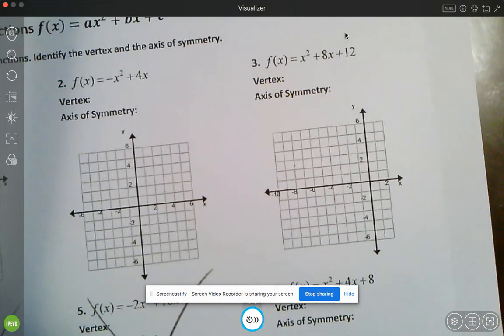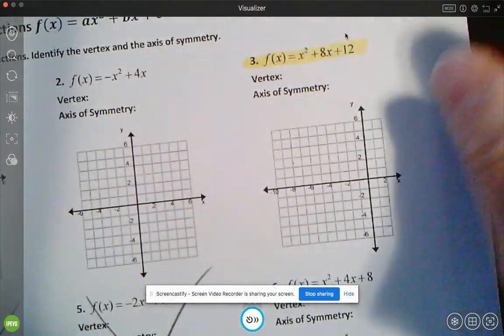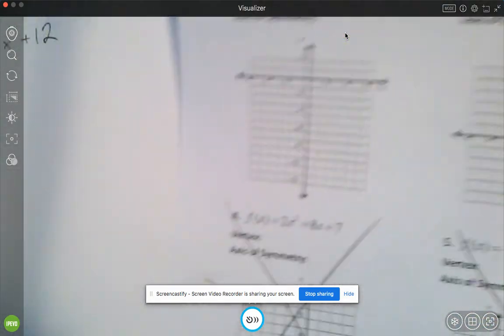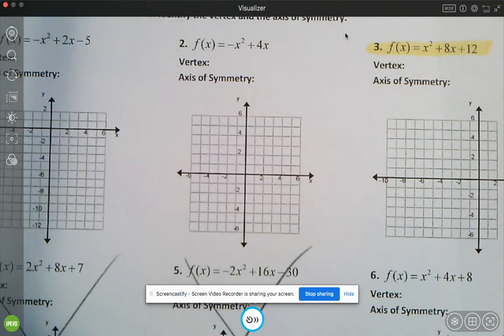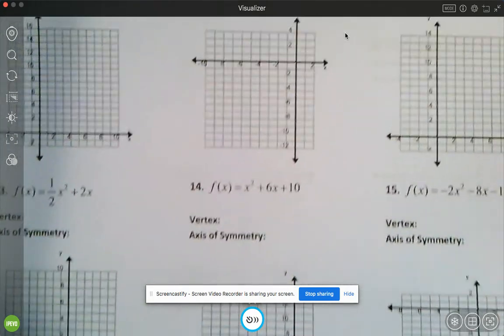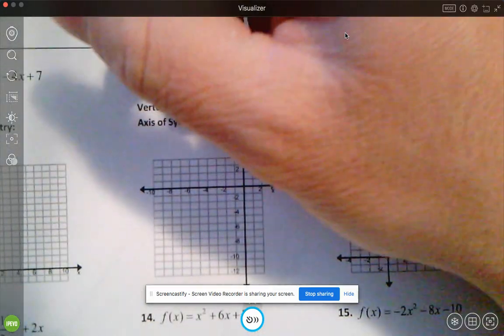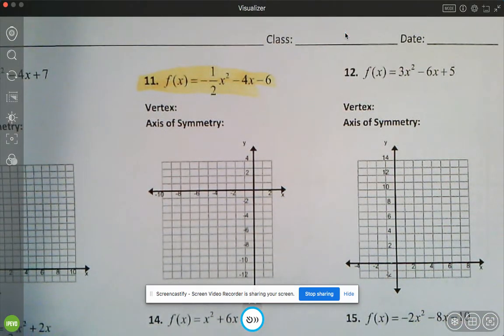Now I want to do for you as examples number 3, and on the other page, number 3 and number 11. I'm going to do those with a purpose because they're good examples of how to graph, and it'll get us into our next section, which is graphing and finding solutions from our graph. So here we go.